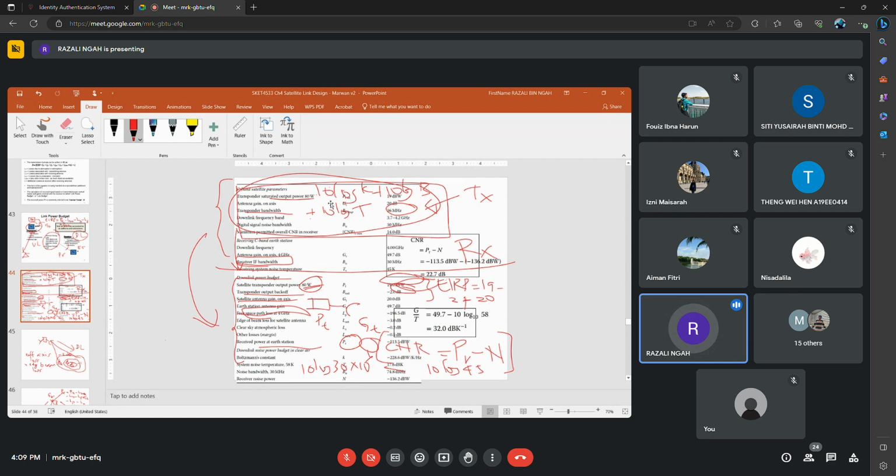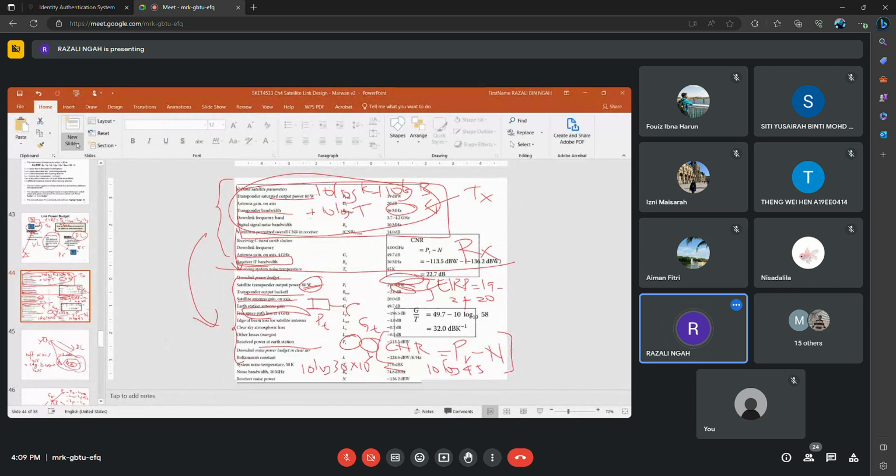Sometimes for downlink, you are not given the transmitted power for the transponder.